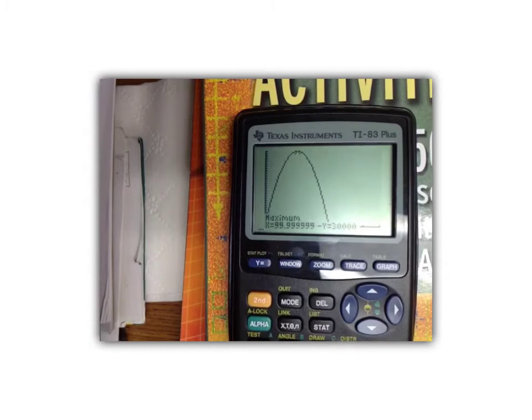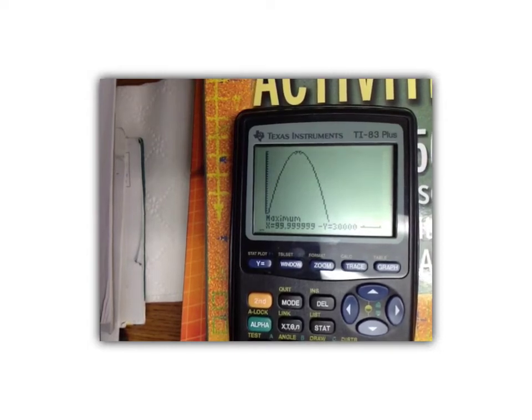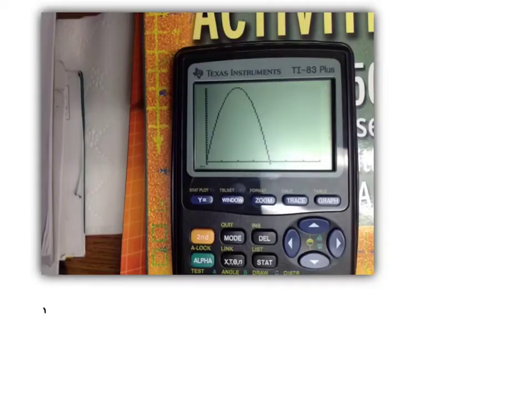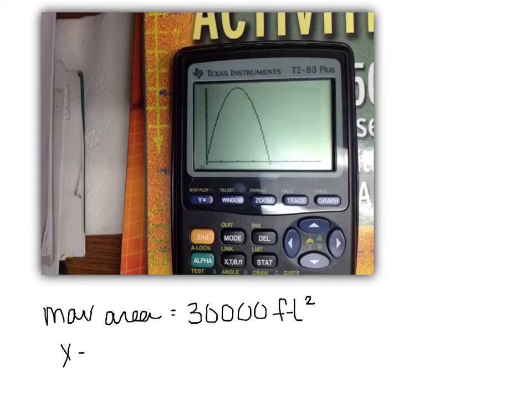And the maximum that can be enclosed is 30,000 square feet if your x value is 100. So we could figure out y.